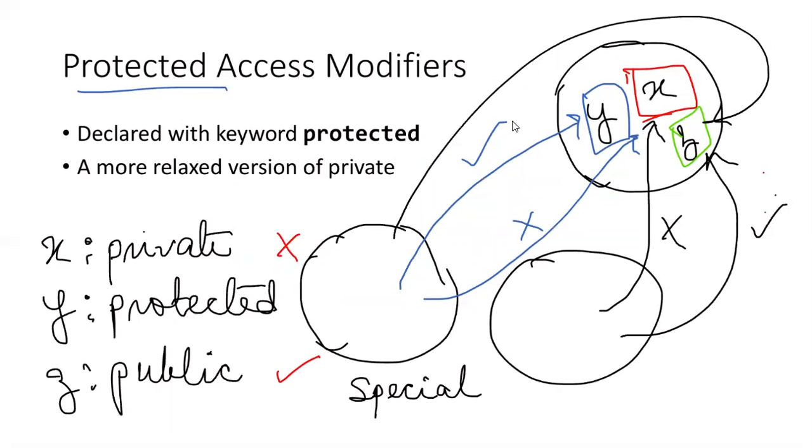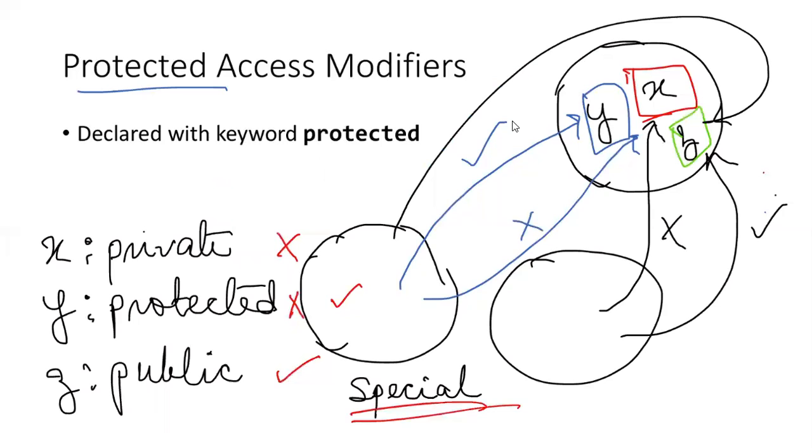For regular classes, I will not be allowed to access protected either, but in special cases only I will be allowed to access protected. What are the special cases? We will discuss in the coming few lectures. So this was about protected.